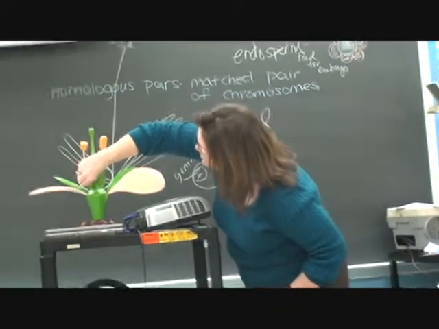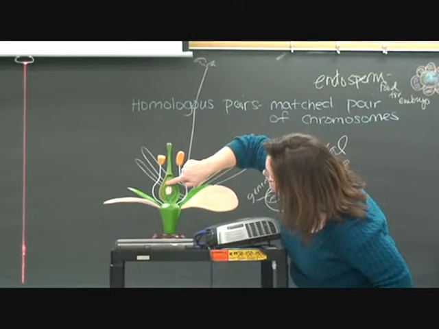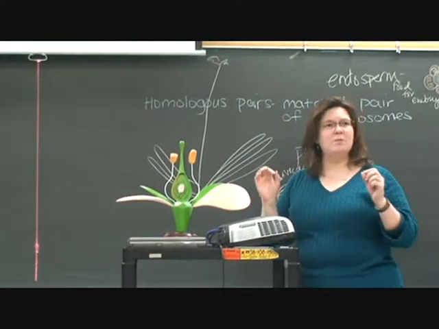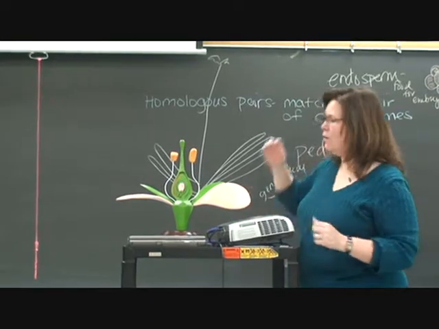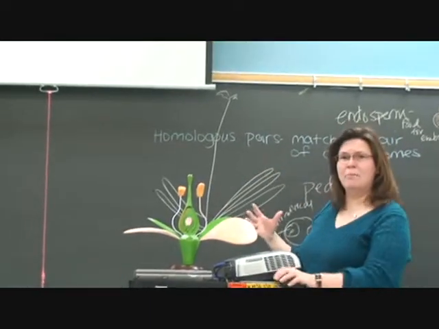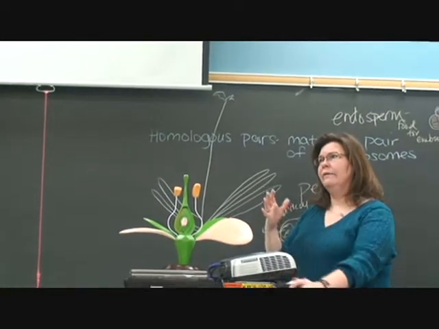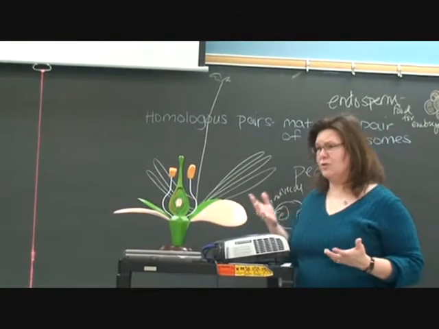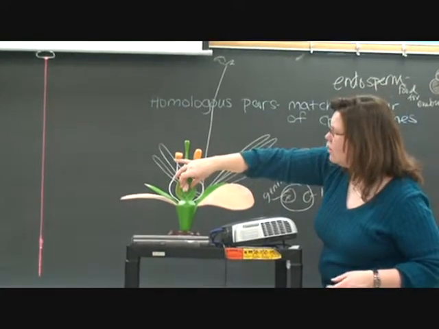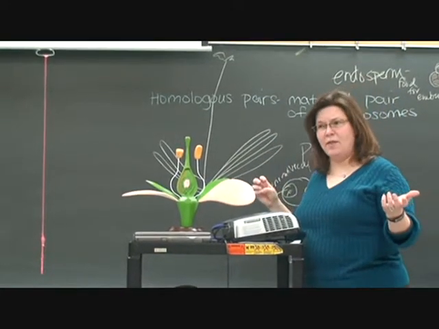So these little lines that go around, those are going to become the seed coat, the hard part. That's going to protect the embryo and make sure that it doesn't get exposed to anything it's not supposed to until it's ready to actually germinate. Some seed coats are harder than others.